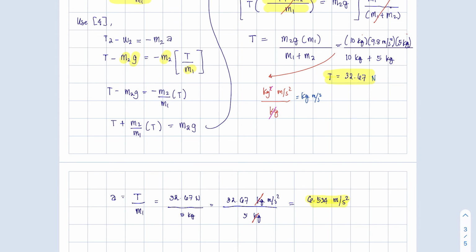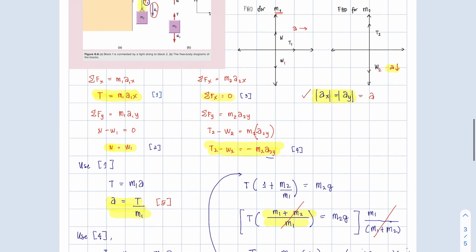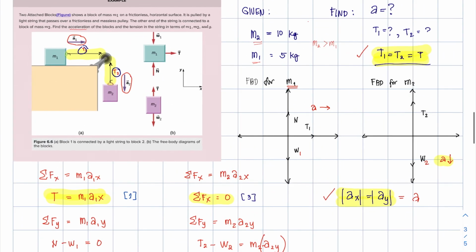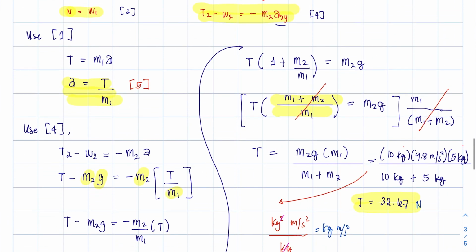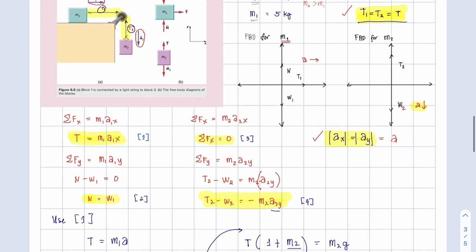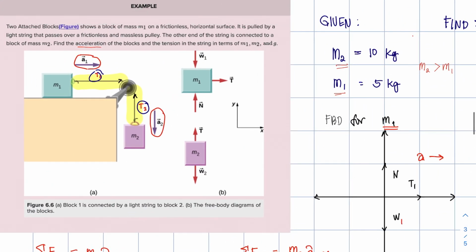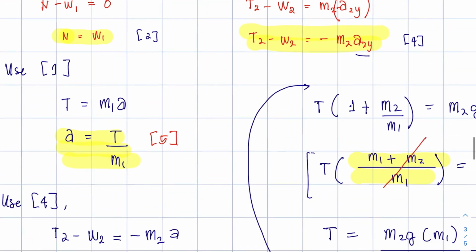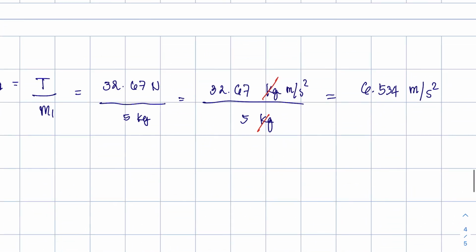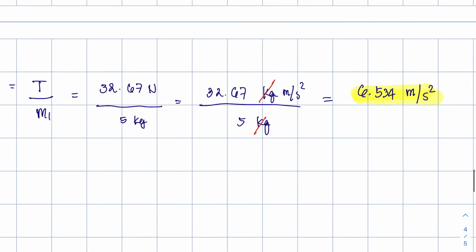Okay, so that's the solution, or those are the answers. So basically, the tensions are the same at 32.67 newtons, and how fast your mass 2 and also your mass 1 accelerate, we have solved that to be 6.534 meters per second squared.